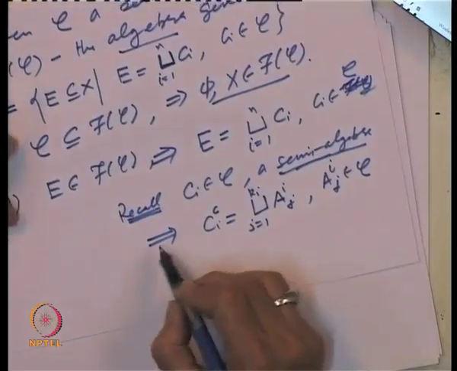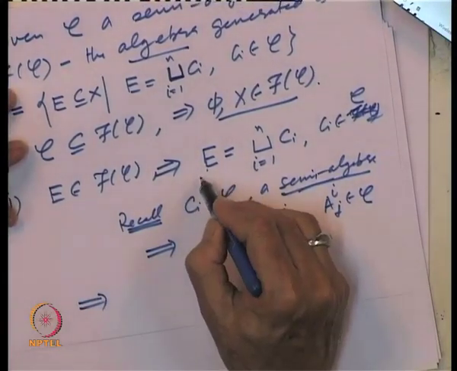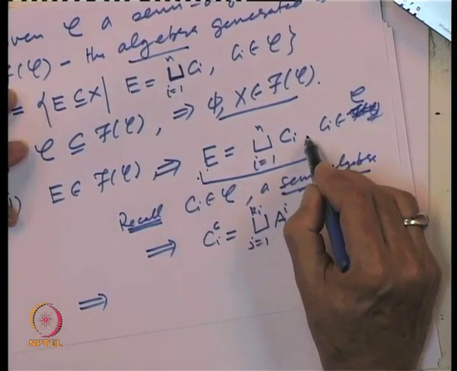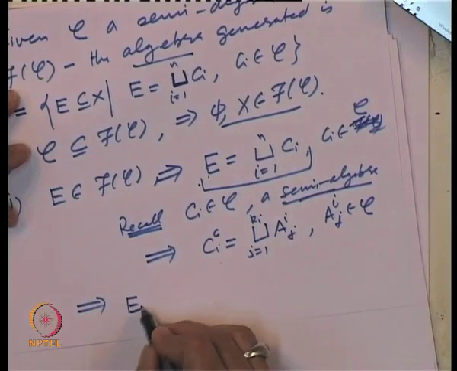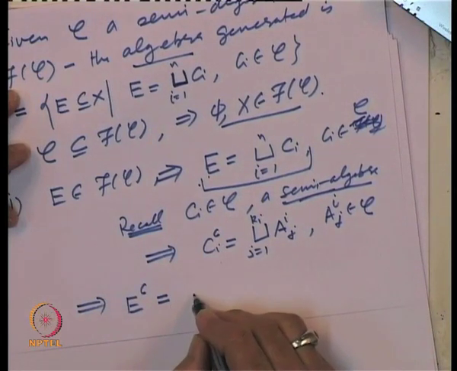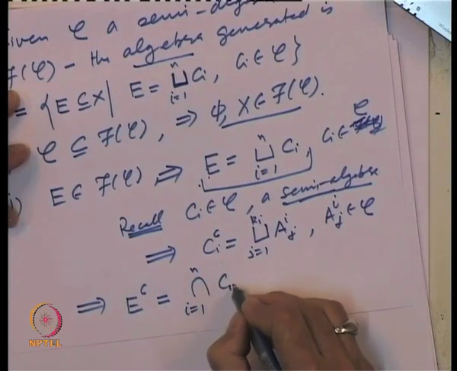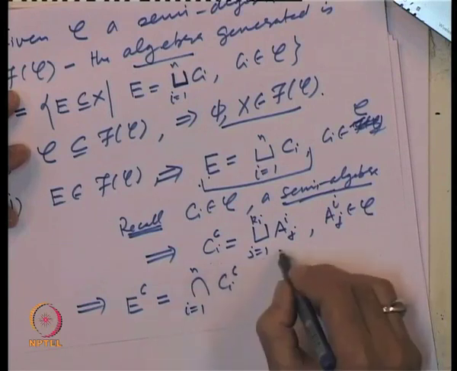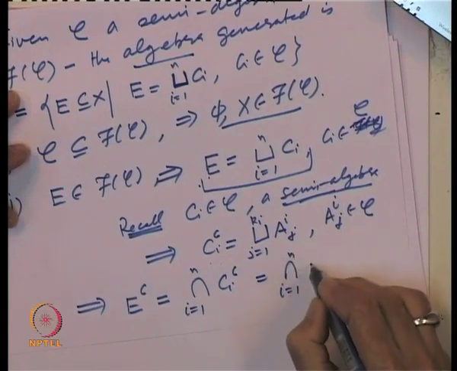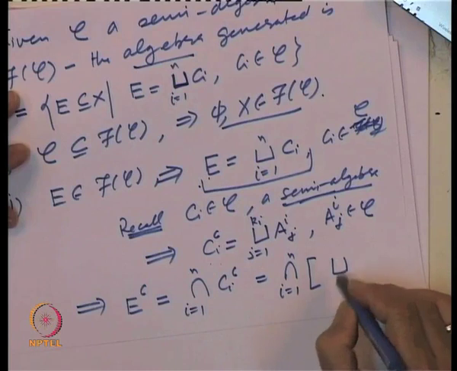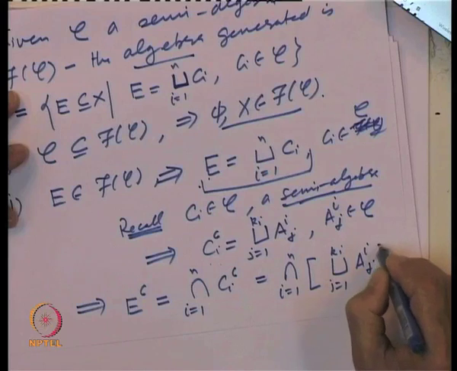So, this together with the representation for E implies that E is a union of C i's, and each C i complement is equal to this. That means, first of all, E complement can be written as the intersection over i equal to 1 to n of C i complement, and each C i complement is a finite disjoint union, the union over j equal to 1 to k i of A i j.